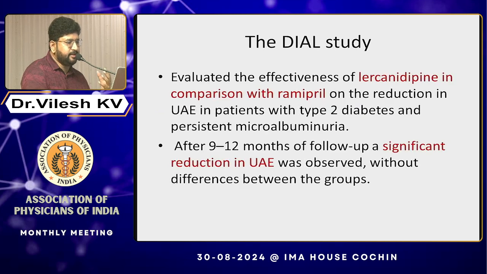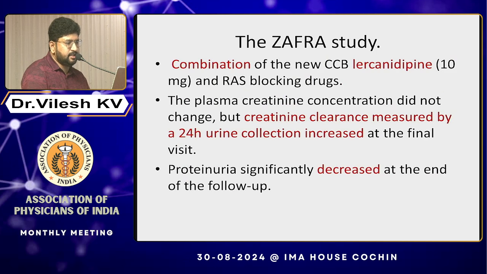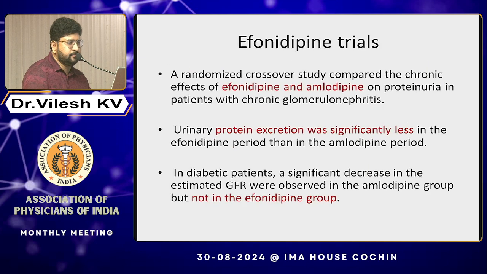The DIAL study evaluated the effectiveness of the new drug lercanidipine with ramipril, and they found a significant reduction in urinary albumin excretion at 9 to 12 months. This other study also looks at the same combination of RAS blockers with lercanidipine, and what they found was that the creatinine clearance measured on 24-hour urine collection improved at the final visit, and there was definitely a decrease in proteinuria by the end of the follow-up.